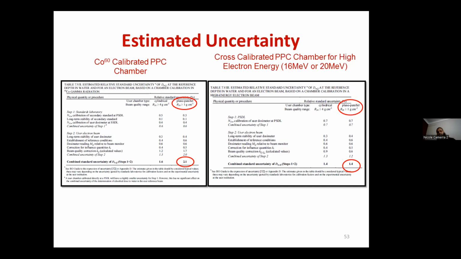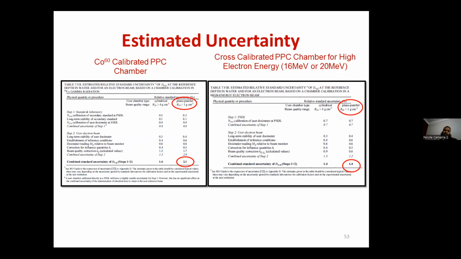Hopefully in a few years' time, we should get direct beam calibration for electron beams, the same way we have it for photons. Then it will be much easier. We won't have to do all this complicated cross calibration.